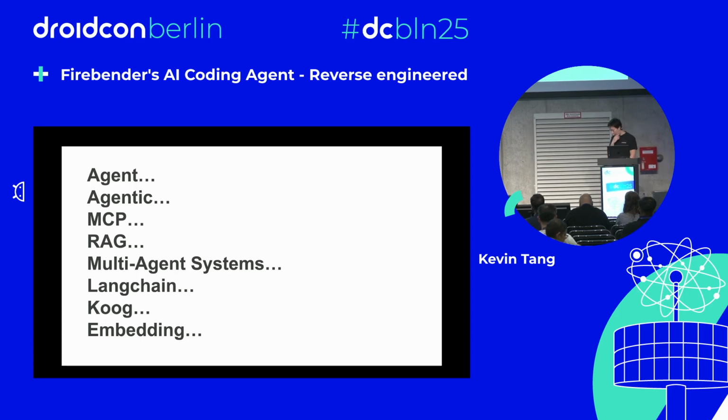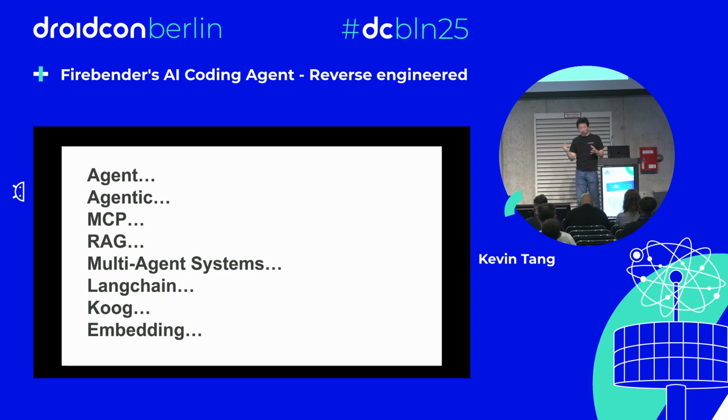So one thing before I get into it is that there's a lot of AI slop words that are out there that maybe a lot of you have seen. You'll hear agent, agentic, MCP, or RAG, multi-agent systems or architectures.